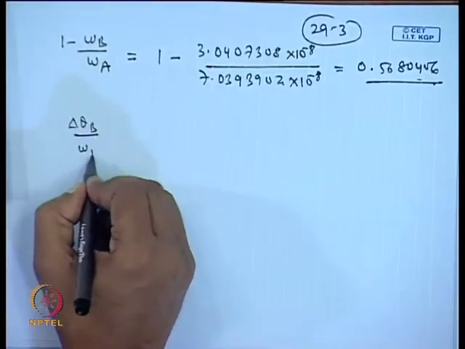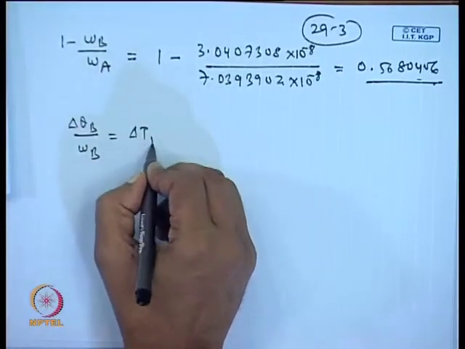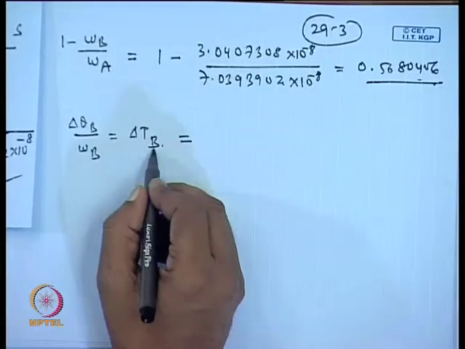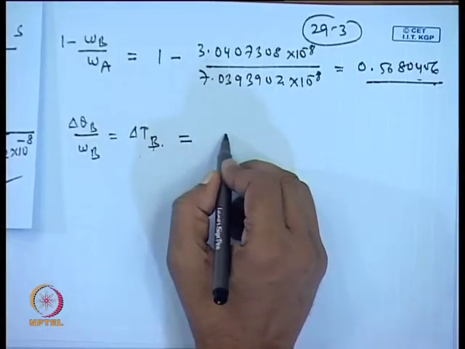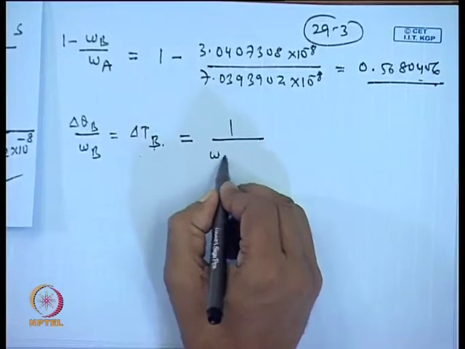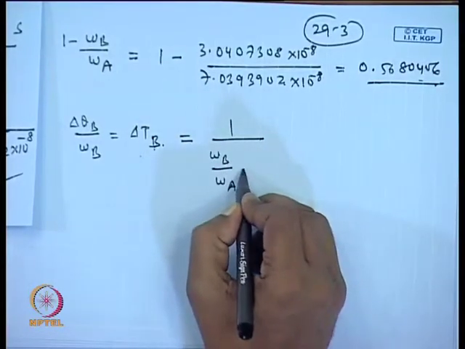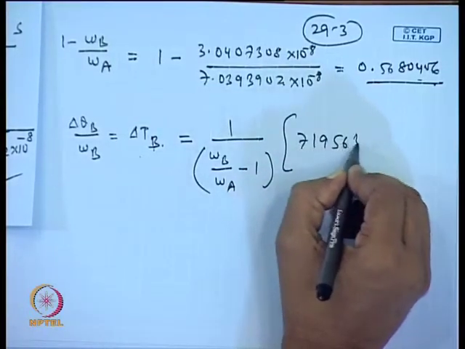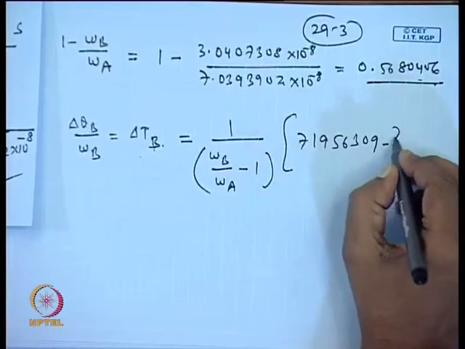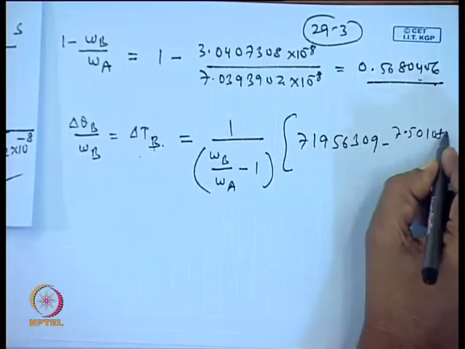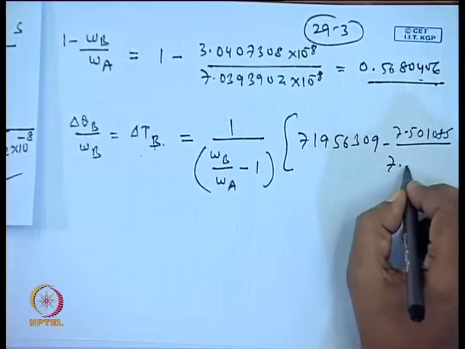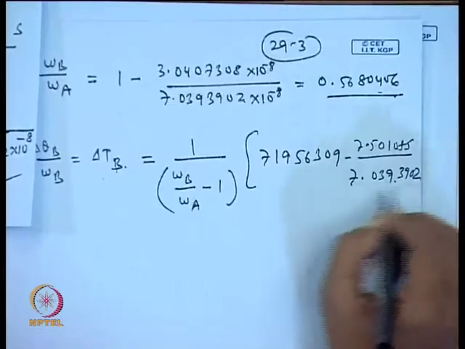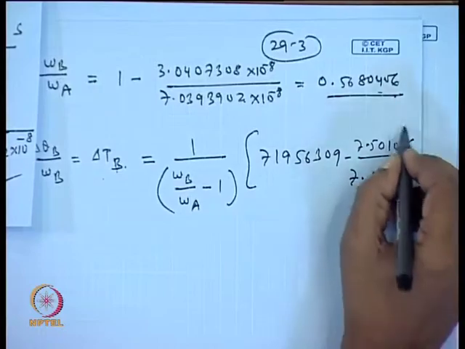Therefore, delta theta B by omega B will be equal to delta T B, and this we can write as 1 by (omega B by omega A minus 1) times (71956,309 minus 7.501085 divided by 393902), bracket closed.